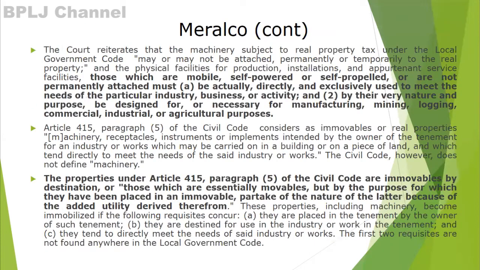Okay? The properties under Article 415, Paragraph 5 of the Civil Code are immovables by destination, or those which are essentially movables, but by the purpose for which they have been placed, partake of the nature of the latter because of the added utility which is derived therefrom.